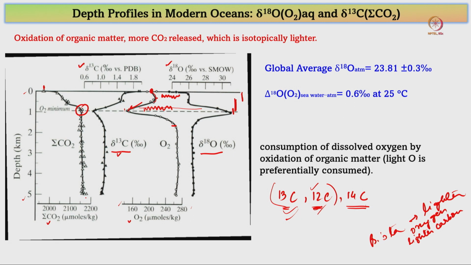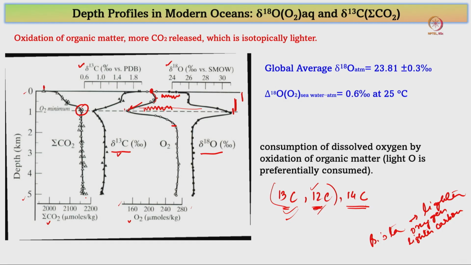Now, this carbon is coming from the oxidation of organic matter. This organic matter is already depleted in 13 carbon. So, the carbon dioxide that gets produced is also 13 carbon depleted.